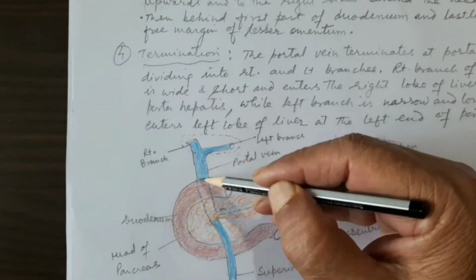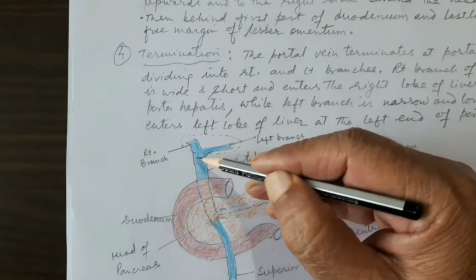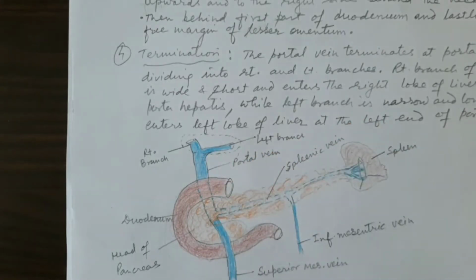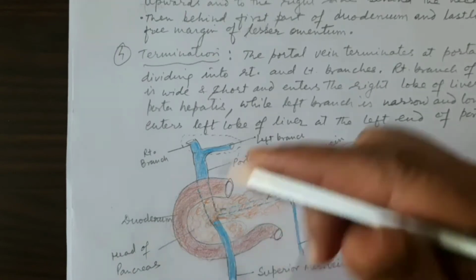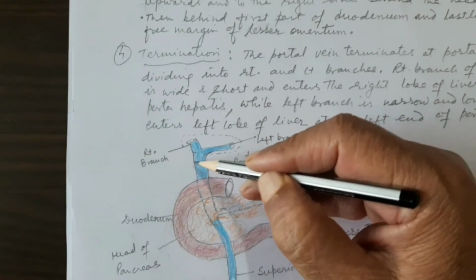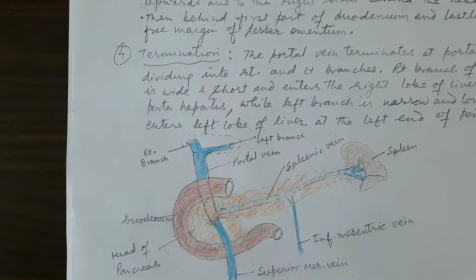Then it will run in the right free margin of the lesser omentum, and the hepatic artery and the bile duct will lie anterior to it, and all three structures will be enclosed in the peritoneal fold, which is the right free margin of the lesser omentum.